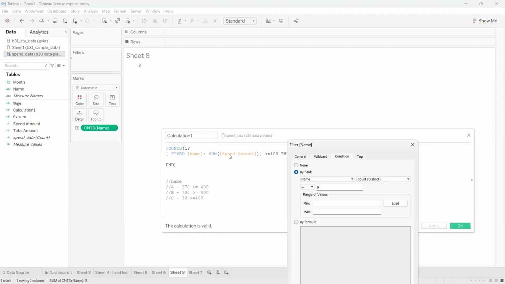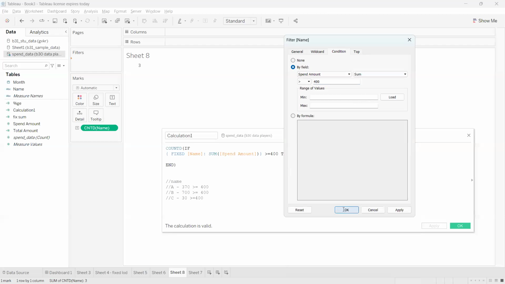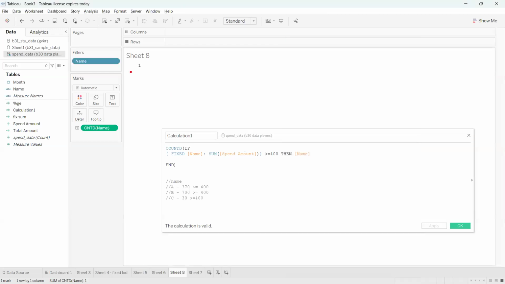Here also we will do the same. This is the name field. Link this with a particular measure, go to spend amount, take the summation here. Apply the condition greater than or equal to 400. Now let's click on apply. Now you see, using the condition option also, I got the same answer.